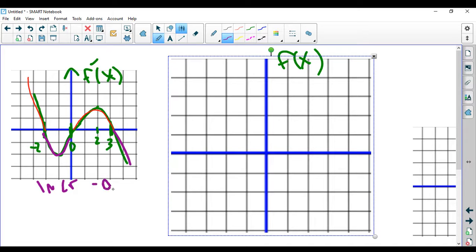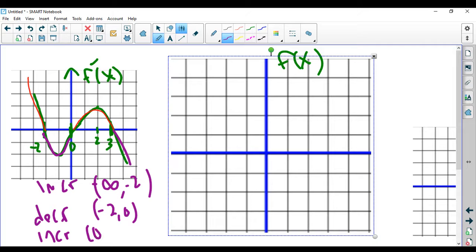So we're saying our graph goes from increasing from negative infinity to -2. Then it goes decreasing from -2 to 0. And then it goes increasing from 0 to 3. And then decreasing everywhere after.